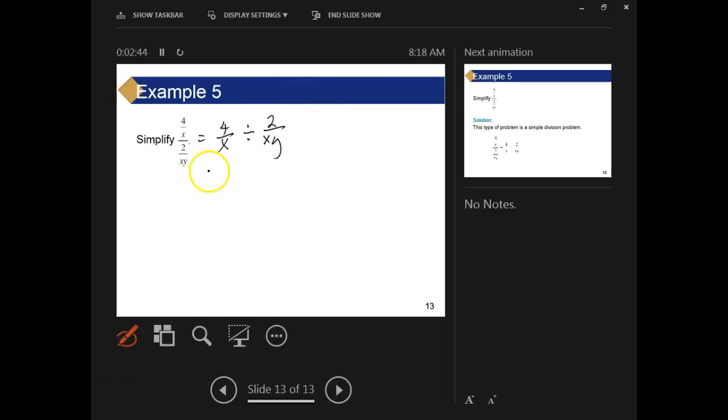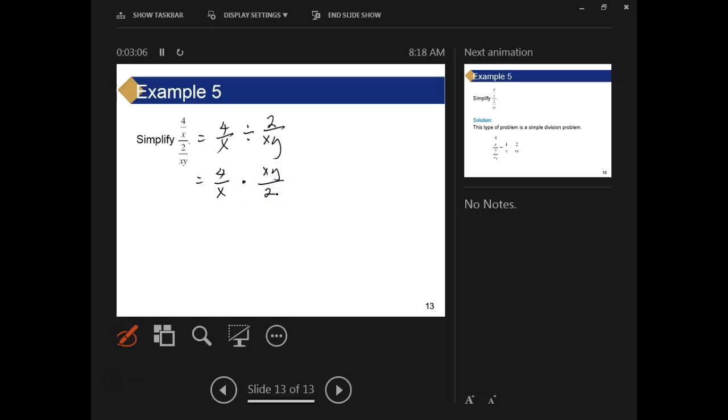And then how do you divide fractional forms? You keep the first one, 4 over x, times the reciprocal, xy over 2. Exactly.